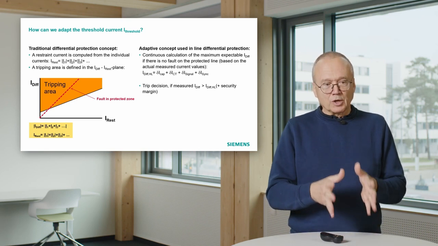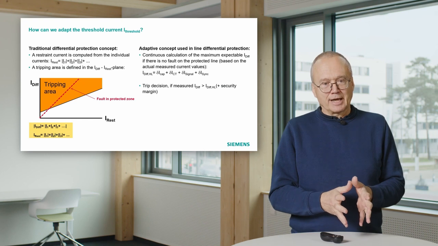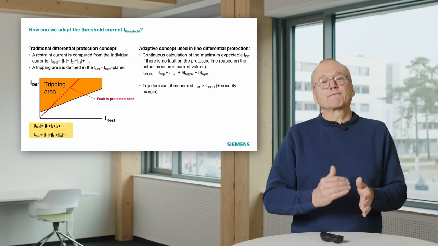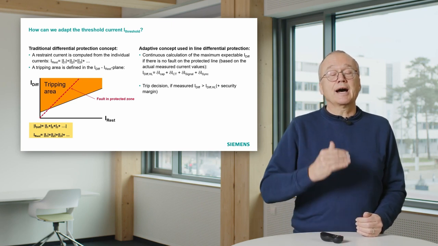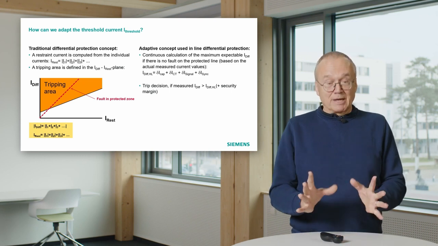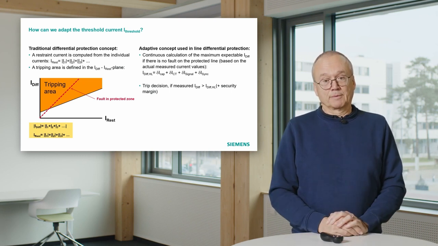In this state, what can be the maximum differential current we can have? Add a little bit of security to that, and if we then calculate a differential current which is higher than this value, then we say it must be a short circuit in the protected zone, then we trip.